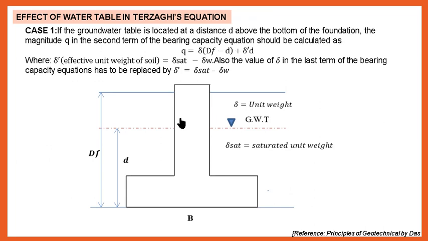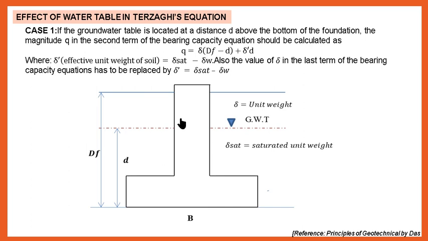Okay. So, in solving for the Terzaghi's bearing capacity, we have three cases due to the effect of water. So, our solution for the ultimate bearing capacity differs due to the effect of the water table. Okay?